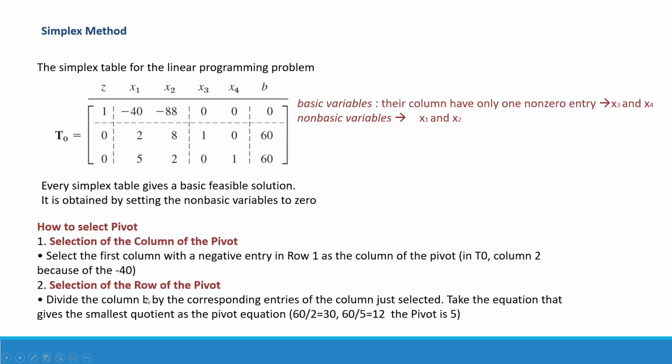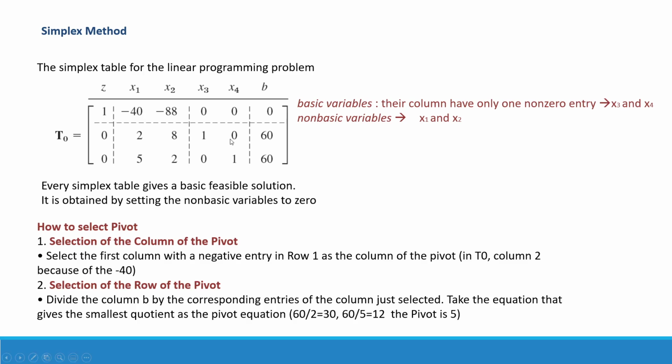Second, we need to select the pivot row, and for this we divide by the column that we selected first. We take this column and divide it by the b column, and the least positive value is going to be the pivot row.